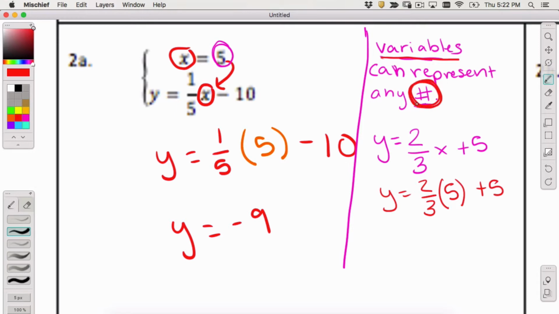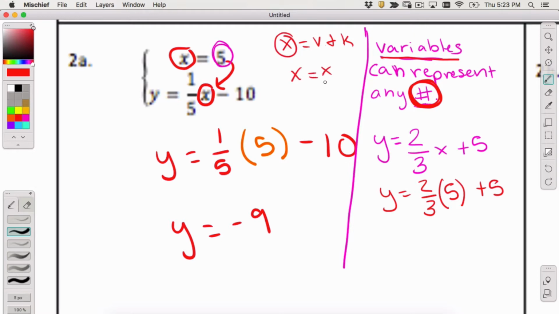The reason why mathematicians do this is because it's the only way that we can represent unknown things. But if this unknown thing is in multiple situations, multiple equations, then it must be consistent. We can't have x equals v and k. That doesn't make any sense. X has to be the same in every situation.